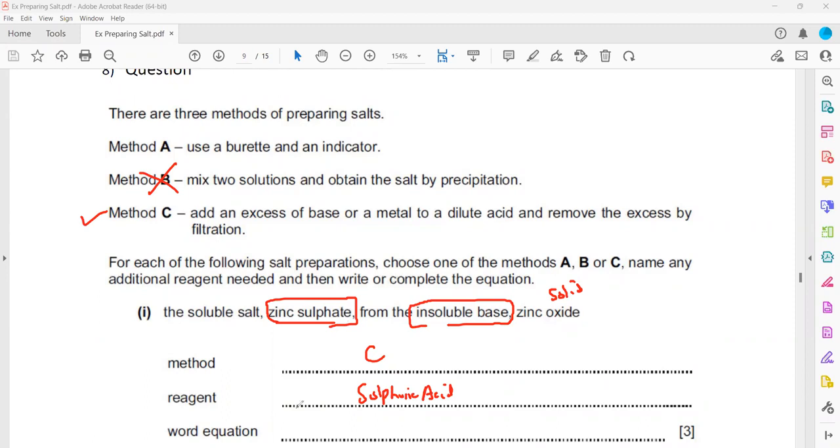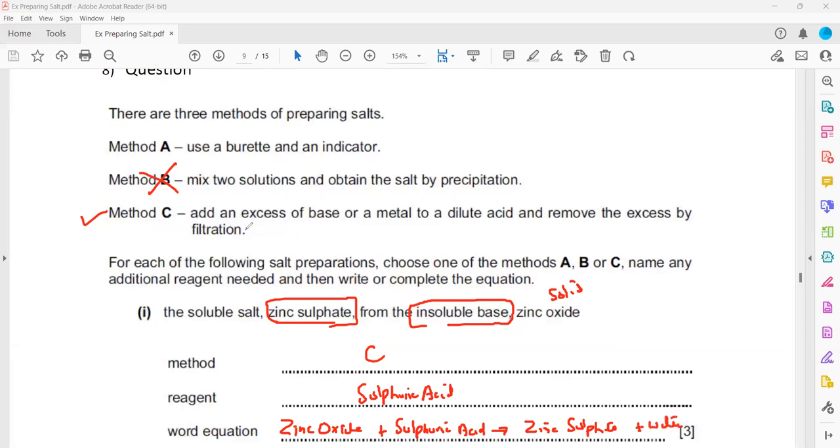And the word equation: zinc oxide plus sulfuric acid will give zinc sulfate plus water.